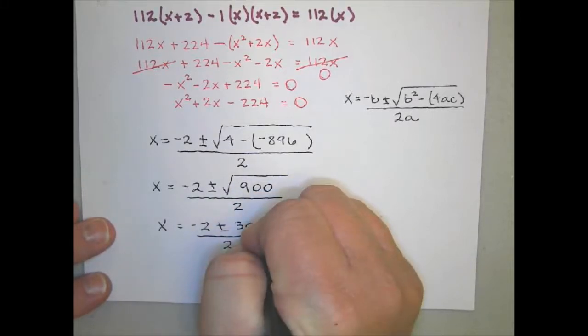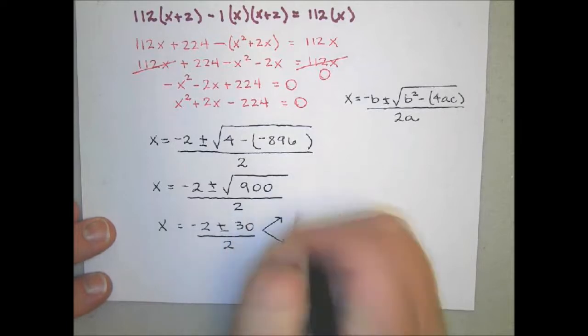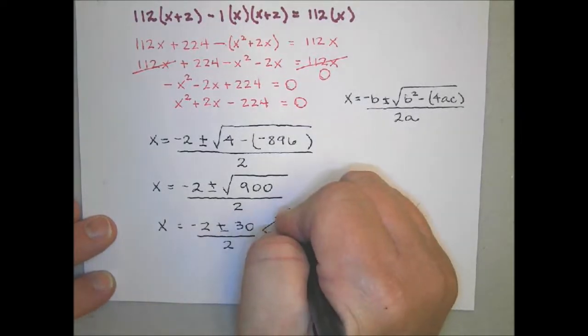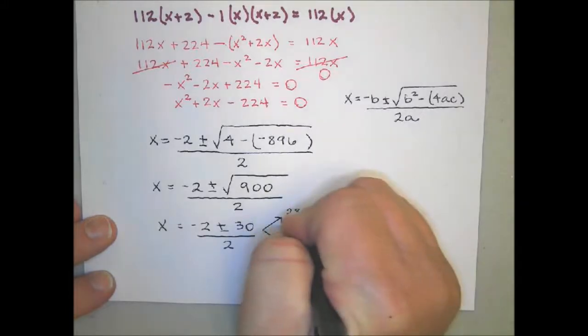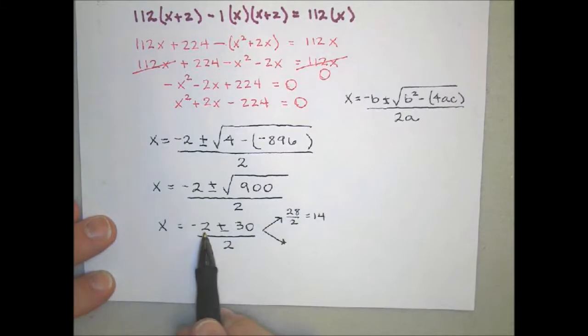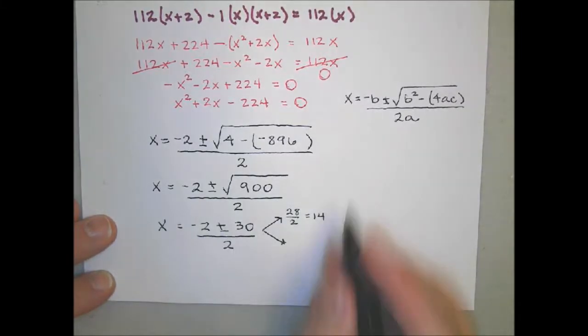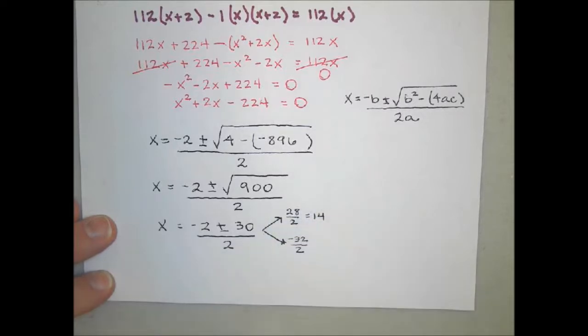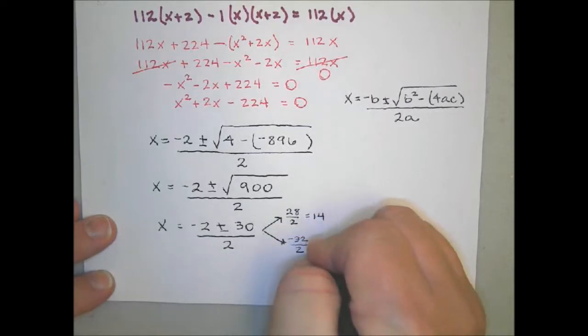Now I'm going to do both operations. I'm going to take -2 and add 30, and you're going to get 28. And divided by 2 equals 14. I'm going to take -2 and subtract 30, and you get -32 divided by 2, and you get -16.